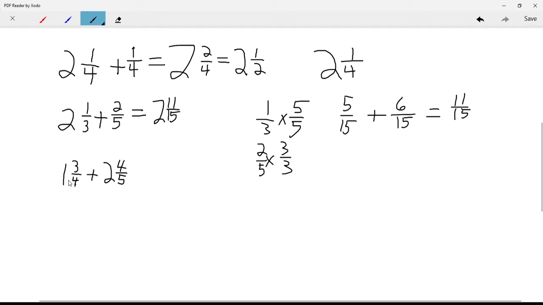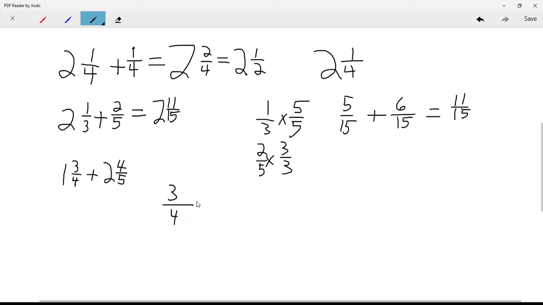Now we have this one, which is a little bit trickier, and we'll see why. First of all, they're both mixed numbers, so that kind of complicates things, but we have 4 and 5. The least common denominator of 4 and 5 is actually 20. So what do I have to multiply 4 by to get to 20? I have to multiply it by 5.